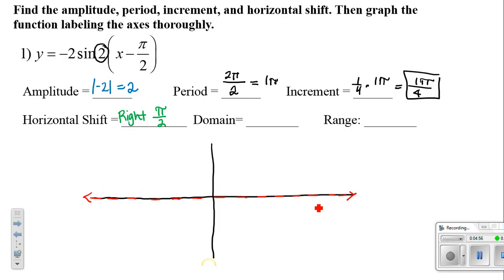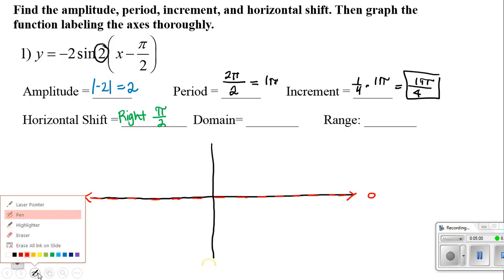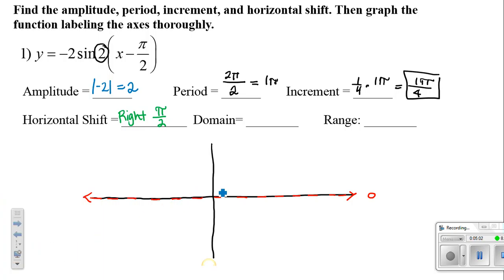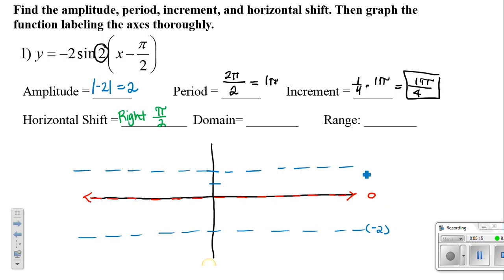So our midline is going to be 0, and because we're not changing our midline, we can go ahead and take care of amplitude right away. Amplitude is up 2 and down 2. Okay, you need to label those, and you need to make sure they're about equal distance from each other.